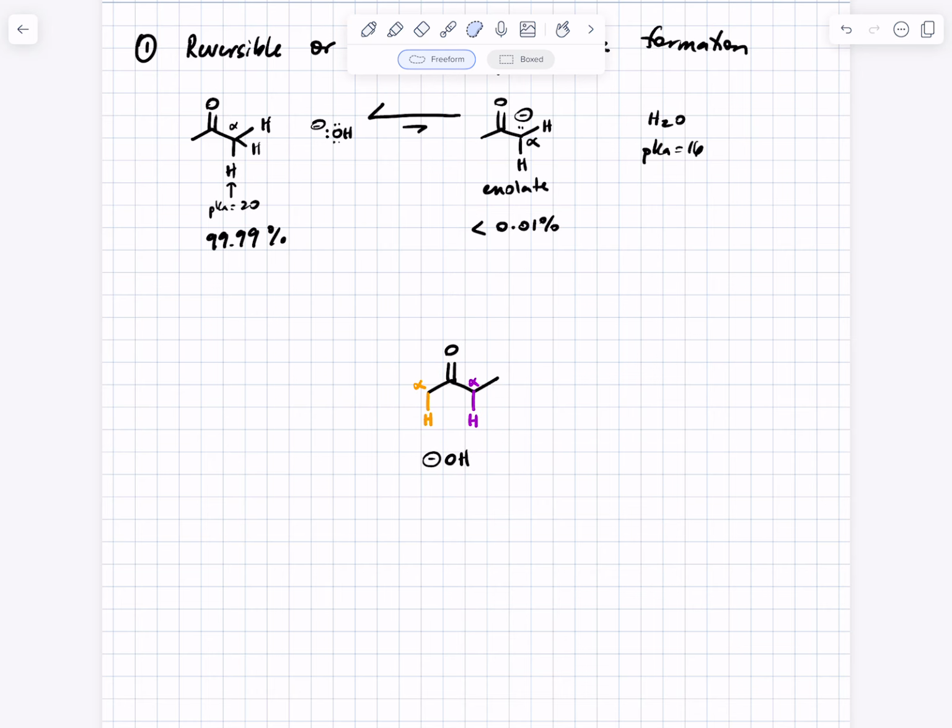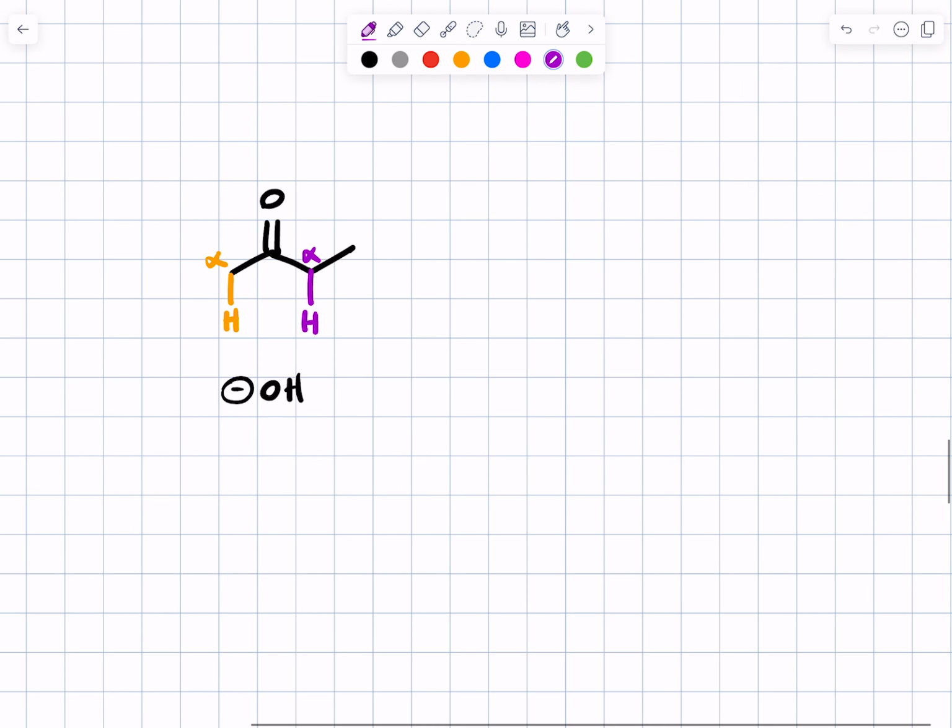And if I deprotonate on the alpha carbon, on the purple alpha carbon, I'm going to get the following enolate, which looks like this, and I'm actually going to draw the other enolate resonance structure.